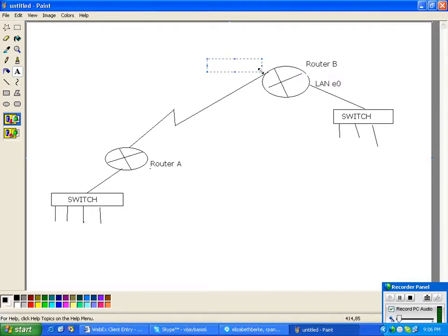I guess you are aware of this router, serial S0, S1, S0, E1.